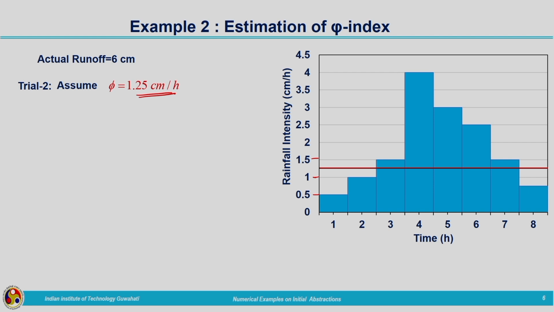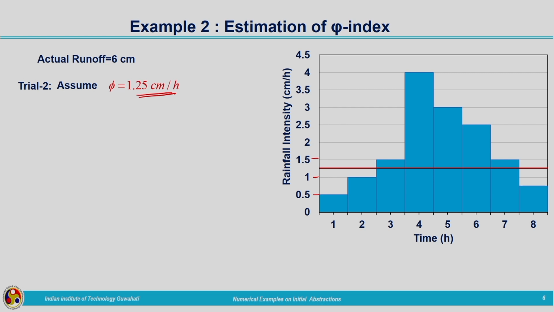The initial guess gave an overestimated runoff, more than the actual runoff. So, what we need to do is increase the constant rate of abstraction. That is why we have increased the phi index value from 0.75 to 1.25 centimeters per hour.